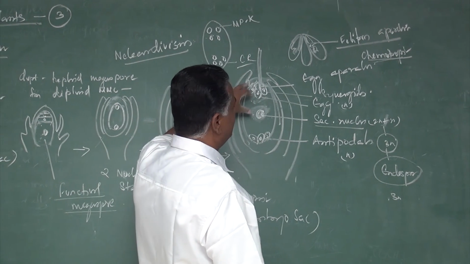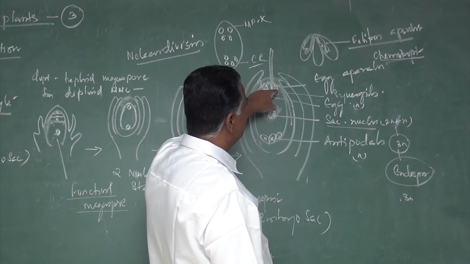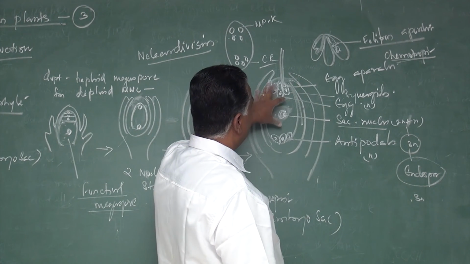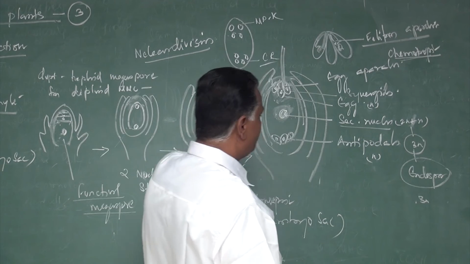After fertilization, the synergid will disintegrate and the egg will develop into the embryo.